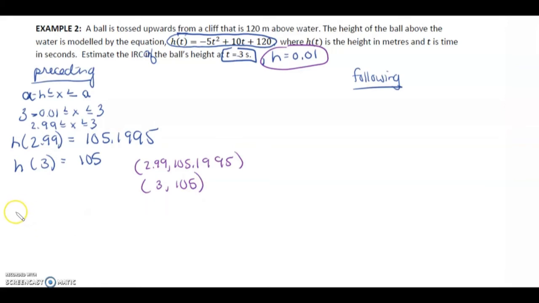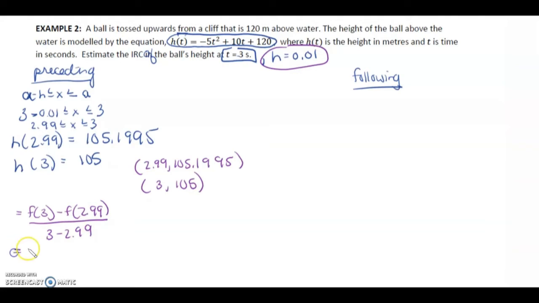So our preceding is going to be f at 3 minus f at 2.99, and that's going to be divided by 3 minus 2.99.